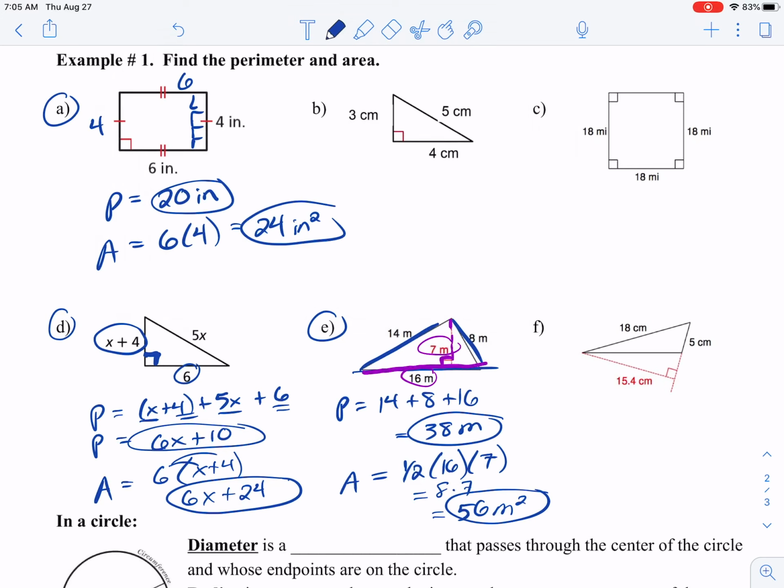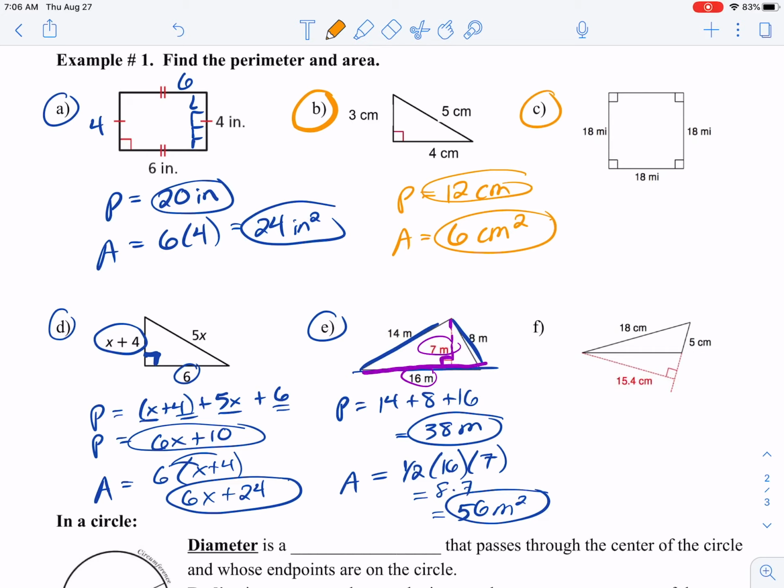Okay, why don't you try and find the perimeter and area of example B. Perimeter should have been 12 centimeters, and area should have been 6 centimeters squared. Why don't you do the same for example C? Find the perimeter and area of this square.